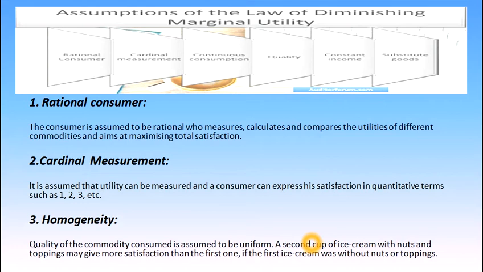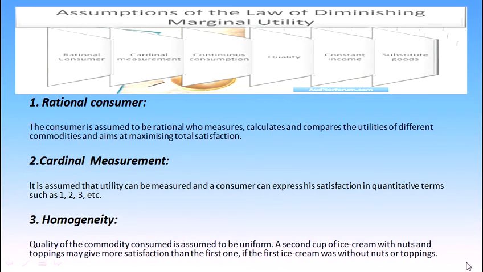Then you will experience more marginal utility from the second ice cream as compared to the first one. In this case, the ice cream the consumer is consuming is not homogeneous. It should be homogeneous in order to experience the law of DMU.